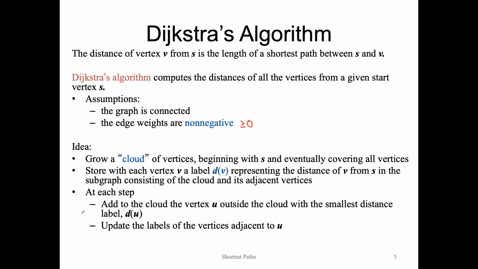Now, how we add a vertex is based on its distance label. So of all of the vertices which aren't in the cloud yet, we'll pick whichever one has the smallest distance label. Let's say that's vertex U.